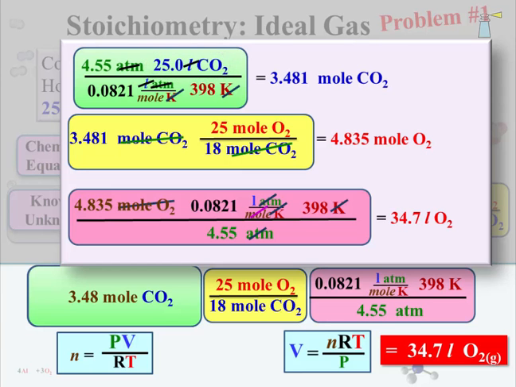The stoichiometry problems with gases are essentially solved the same way as other stoichiometry problems. Get into moles, mole ratio, get out of moles.